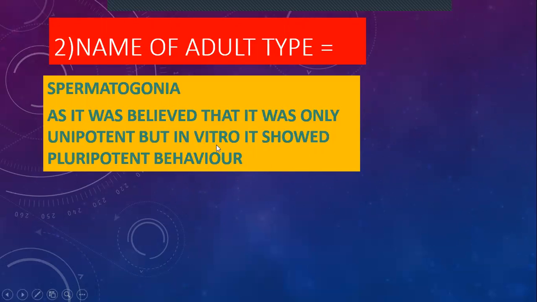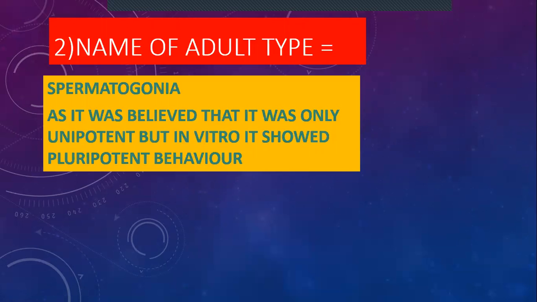It means the lab, the laboratory. But in vivo, it means in the vessel, in the blood. So in vitro, when they were isolated in the lab, it showed pluripotent behavior. They were giving rise to all types of tissues, not only one type.